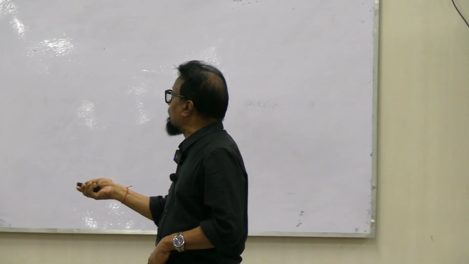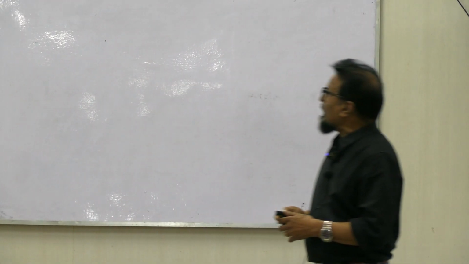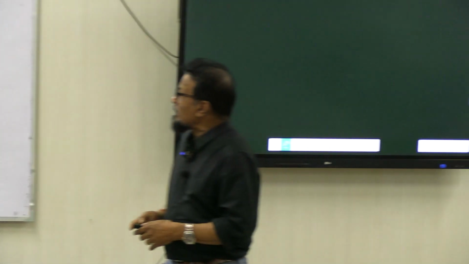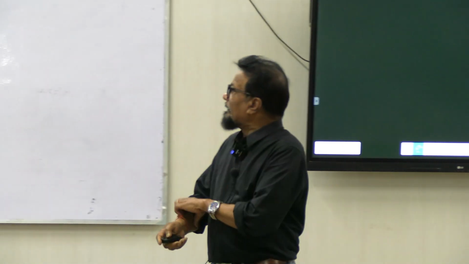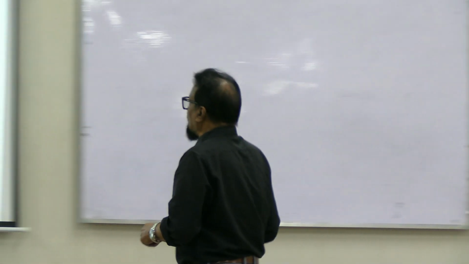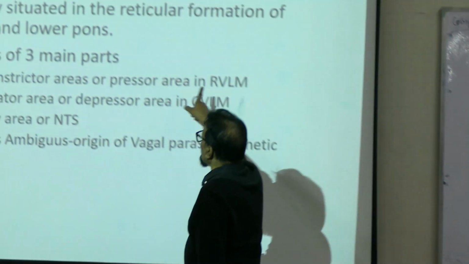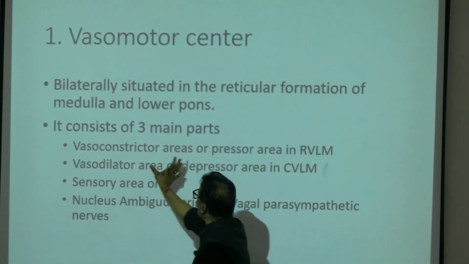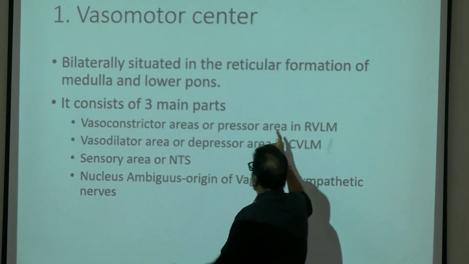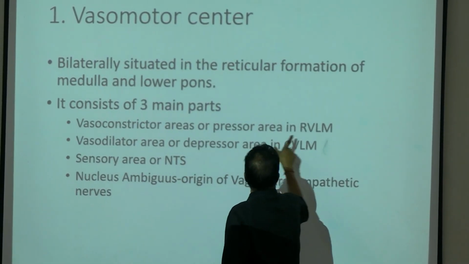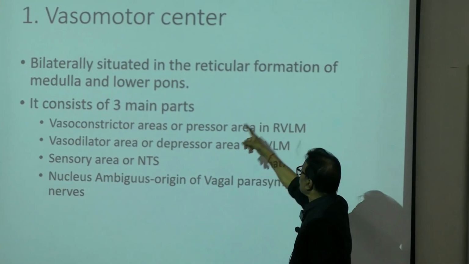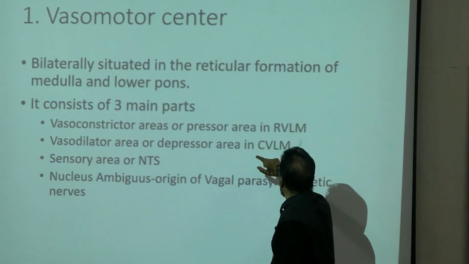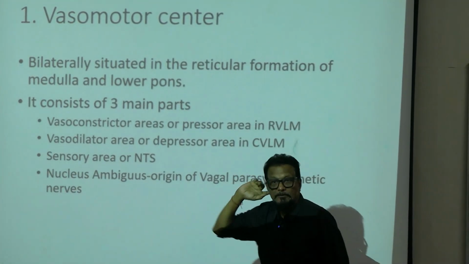In this way there will be vasoconstrictor fibers. Now the vasomotor center has three components. One is the pressure area or vasoconstrictor area, same term, and it is located in the RVLM, the rostral ventrolateral medulla.